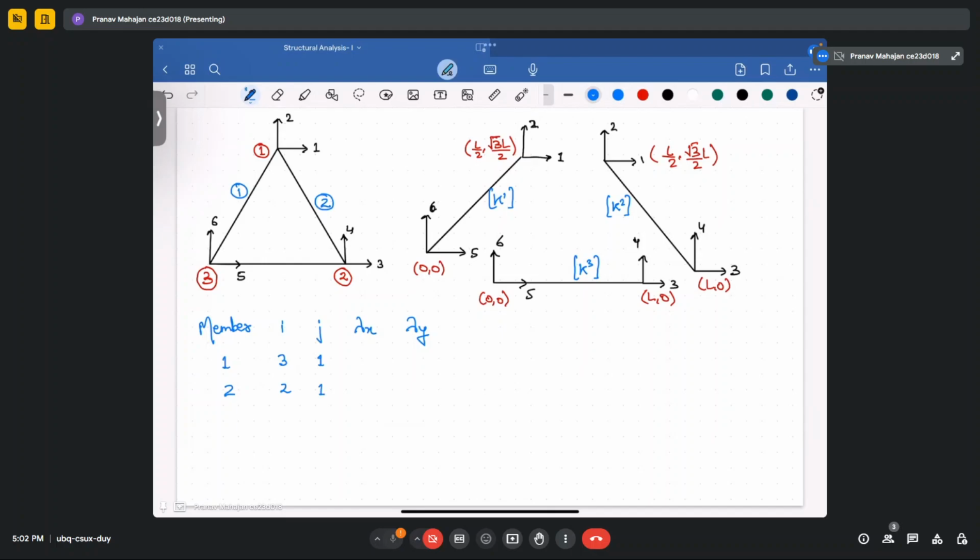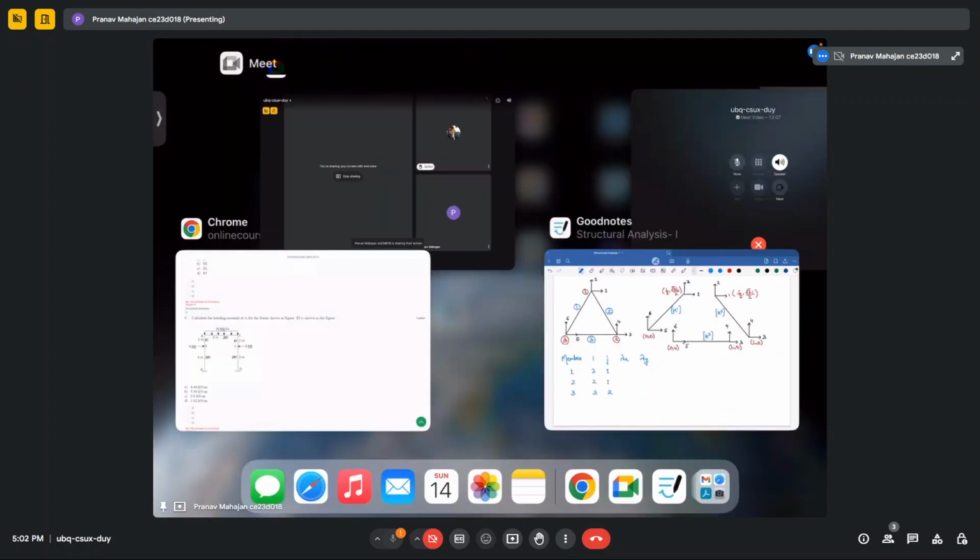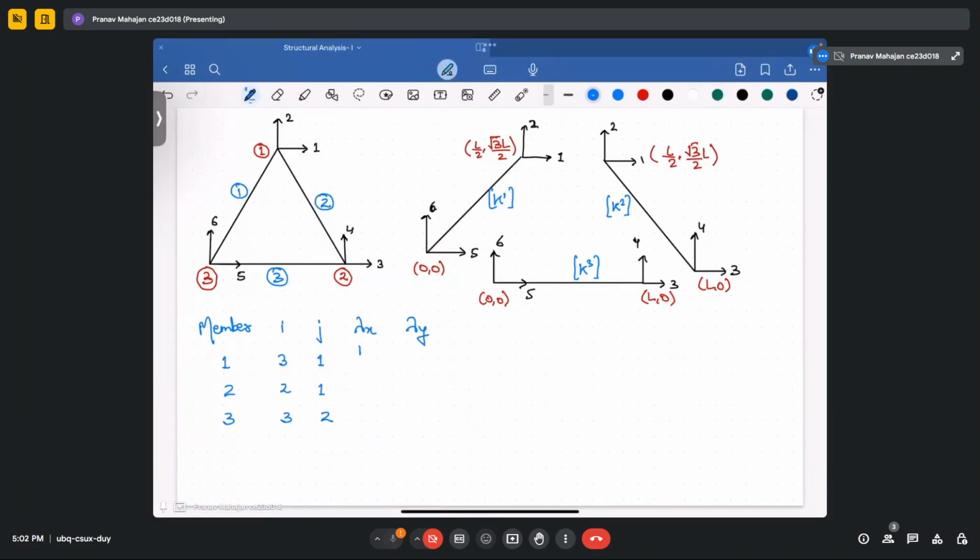So this is your member two, and this would be your member three. So your member three is from 3 to 2. Why is the numbering important? Because from i to j, the value of lambdas is required to be calculated. In what direction you are considering theta matters a lot. Okay, so in this case, you are getting the values of lambda as 1 by 2, root 3 by 2, and then minus 1 by 2, root 3 by 2, 1, and 0.